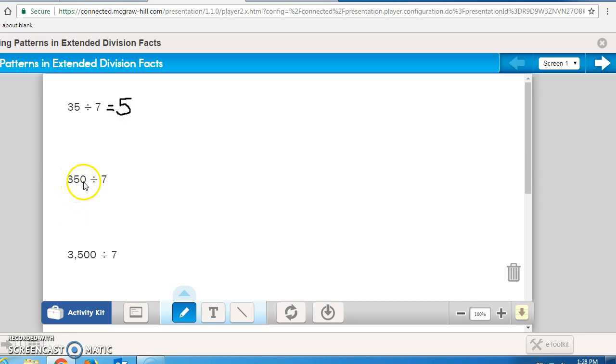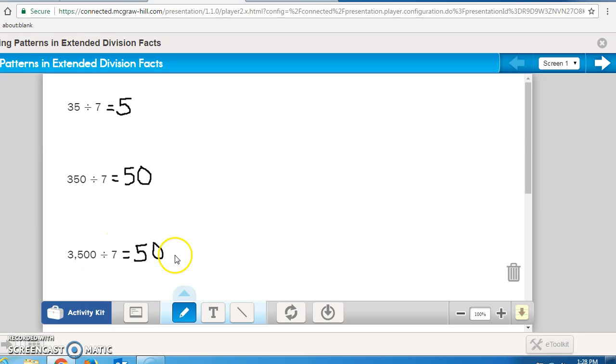Now we have 350 divided by 7. Well, we already know that 35 divided by 7 is 5. But 0 divided by 7 is 0. And again, as the number gets larger, 3,500 divided by 7 is 5. 0 divided by 7 is 0.